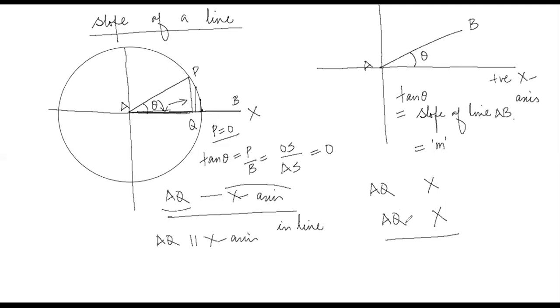So the slope of AQ would always be tan theta. But since theta is 0, it's equal to tan 0. Since the opposite side of the perpendicular is vanishing, we can say the slope of any line which is parallel to the x-axis is 0. And also the slope of a vertical line.